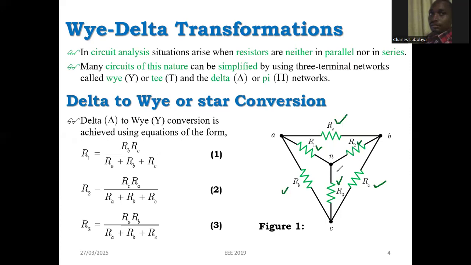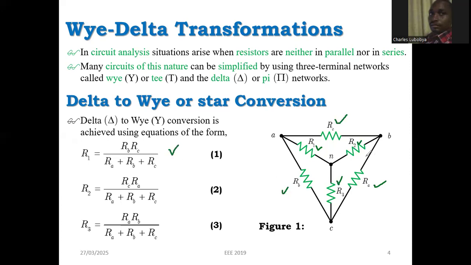going by the rules of delta to star transformation, if you want to calculate R1, you get the resistors that are adjacent to R1, in this case RB and RC, multiply them, divided by the sum of all the resistors that are in delta, in this case RA, RB, and RC, as shown in equation 1.